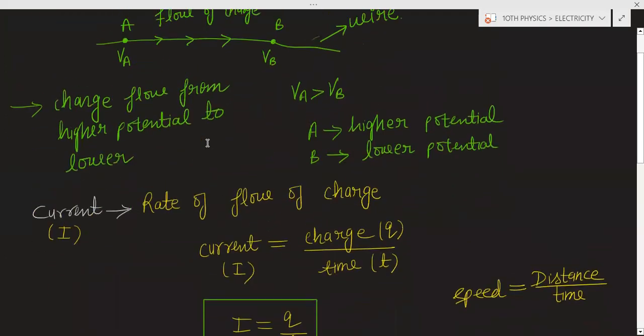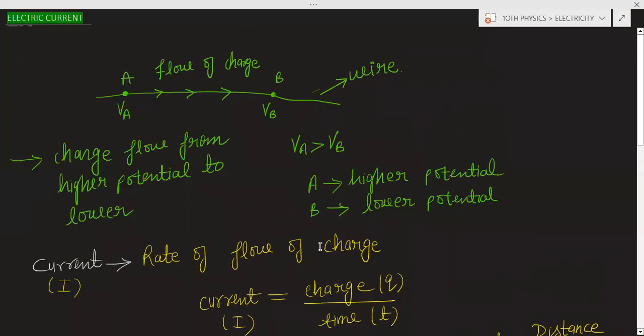Current is nothing but the rate of flow of charge, meaning how much charge is flowing in a particular amount of time. We represent current with capital I, and current is equal to charge divided by time.